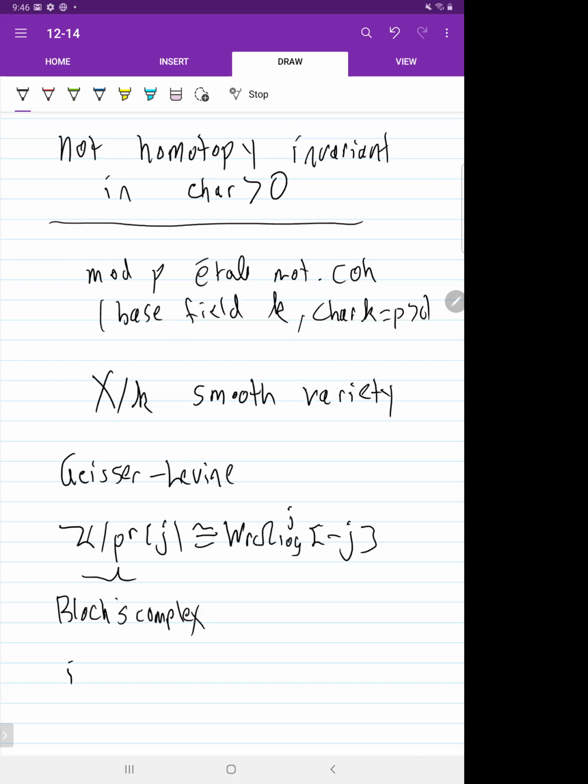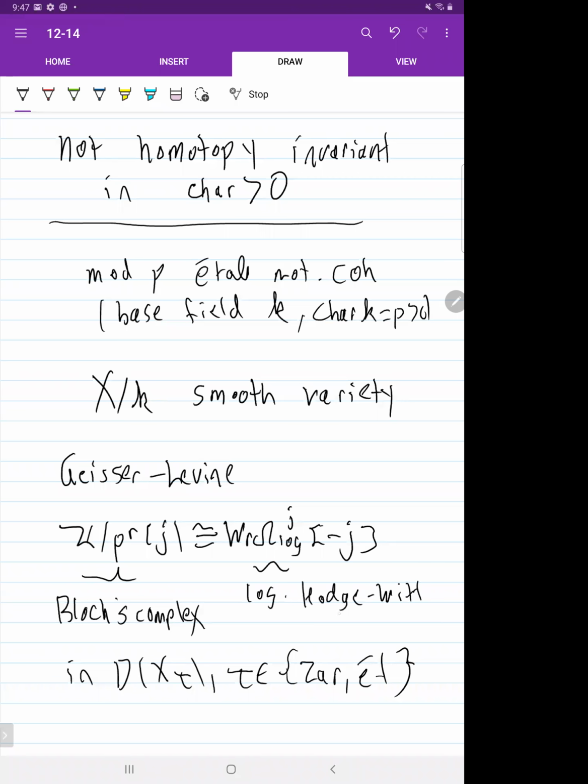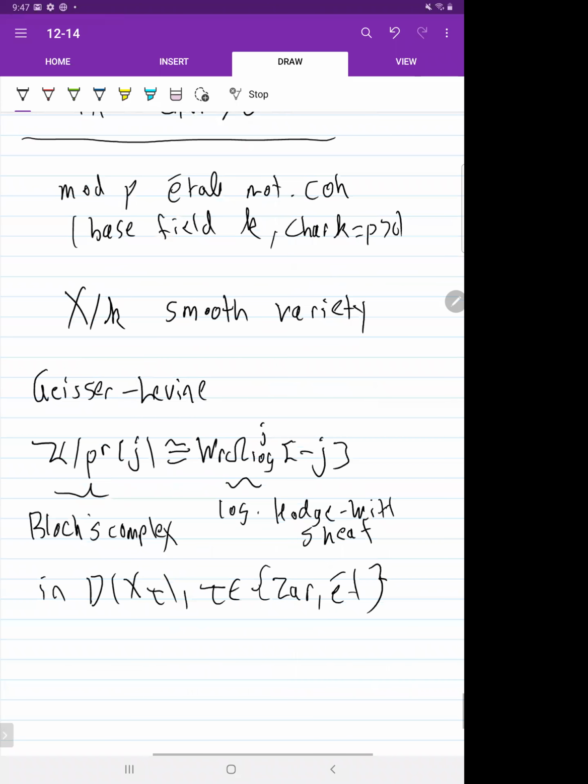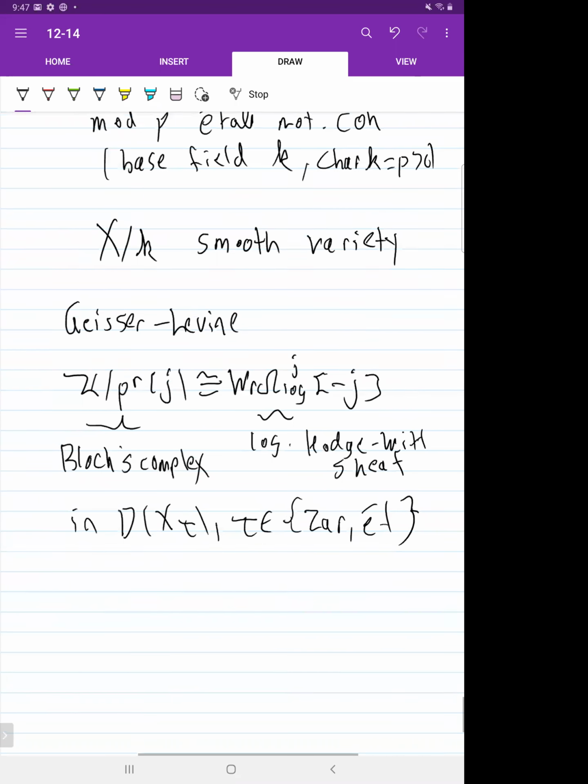And this is in the derived category of sheaves on X in either the Zariski or étale topologies. So this is the logarithmic Hodge-Witt sheaf. So it's a sheaf, so I think it makes it easier to work with to define sort of cohomology.